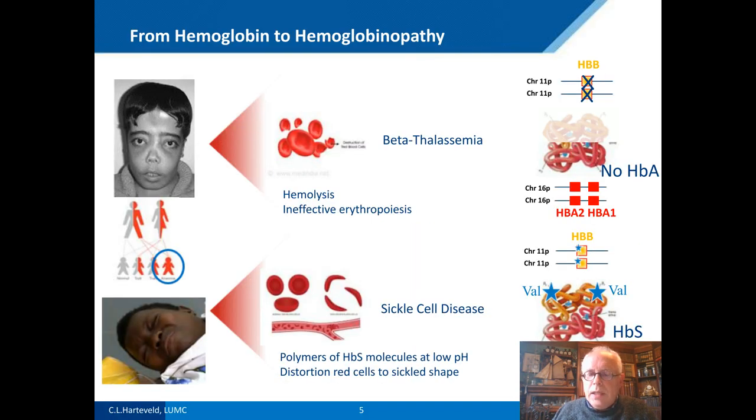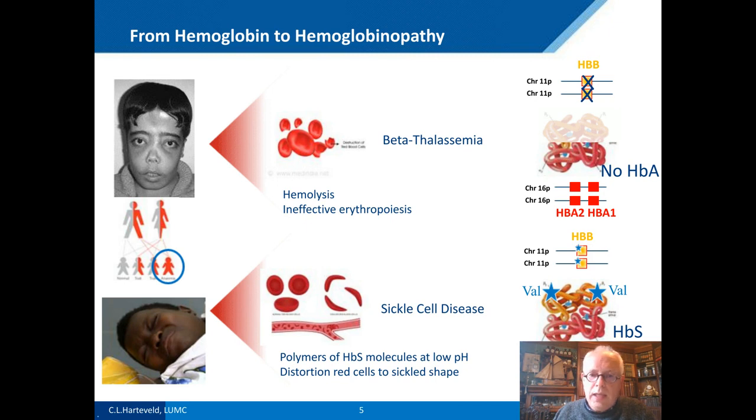Sickle cell disease, the other disease related to the beta gene, is due to a missense mutation. And homozygotes for the missense mutation, in which a valine is substituted for, where normally there would be a glutamic acid, you get hemoglobin S, which is alpha 2 beta S2.